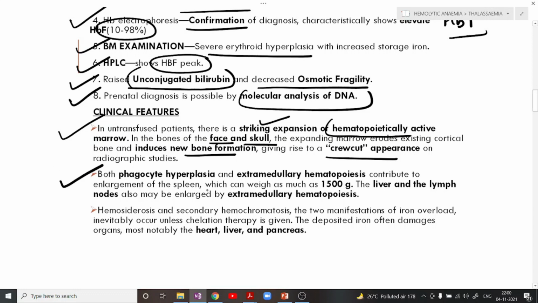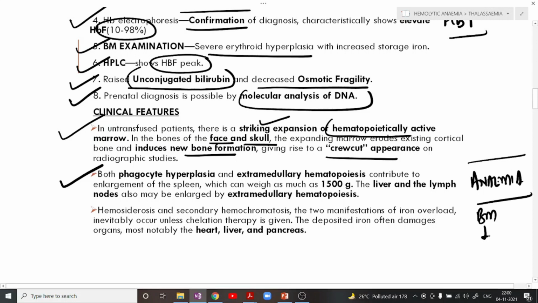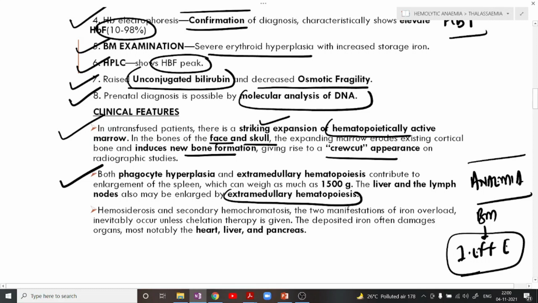Now, because the body is suffering from anemia, and the bone marrow is undergoing ineffective erythropoiesis, elsewhere the body starts to synthesize RBCs. So there's extramedullary hematopoiesis in the liver and the spleen, giving rise to hepatosplenomegaly.